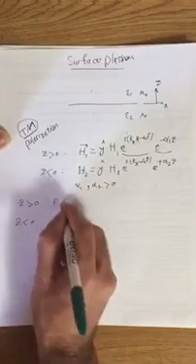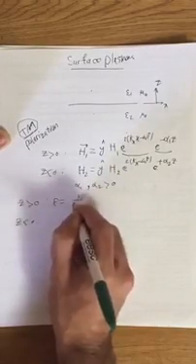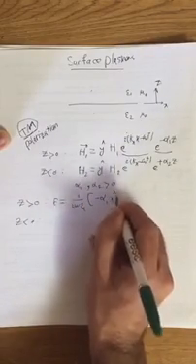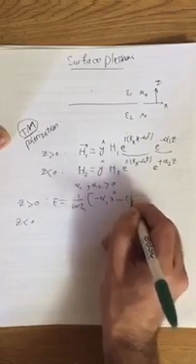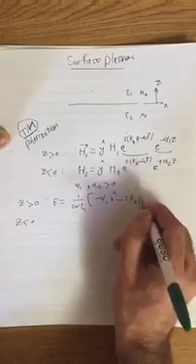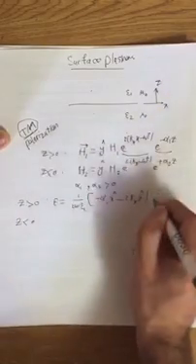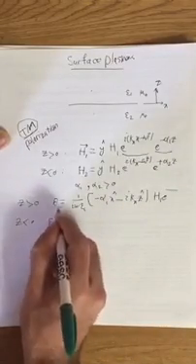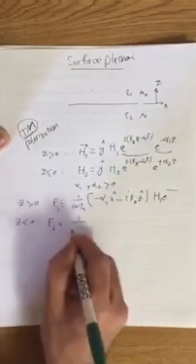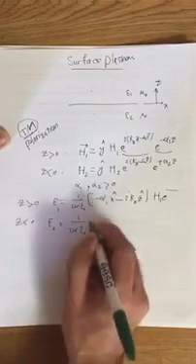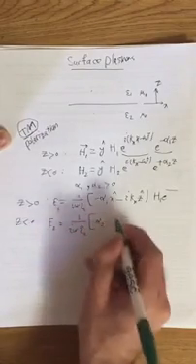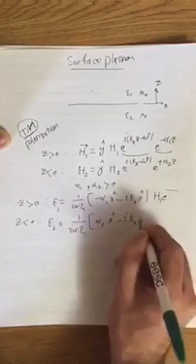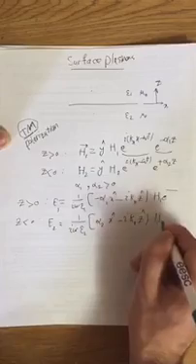So E1 is 1 over i omega epsilon 1 times minus alpha 1 along the x-axis minus i kx along the z-axis, and the exact same for H, which I'm not going to write down. E2 is 1 over i omega epsilon 2 times alpha 2 x hat minus i kx z hat, H2 the same.